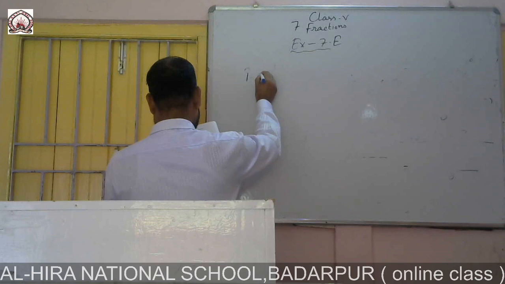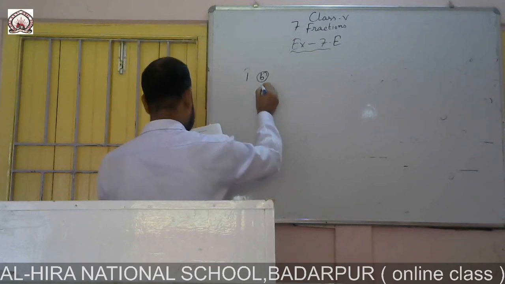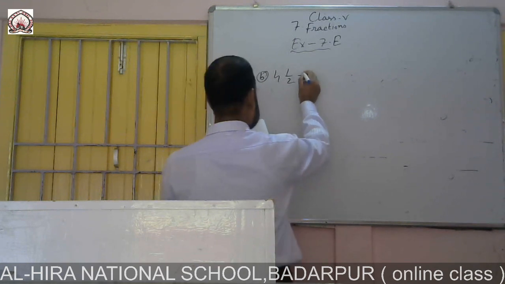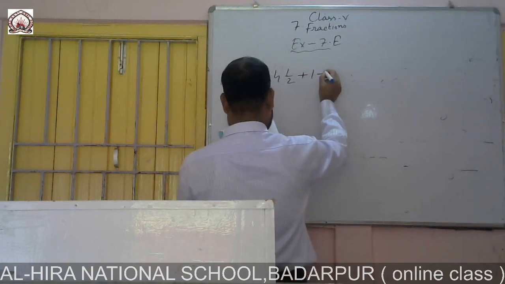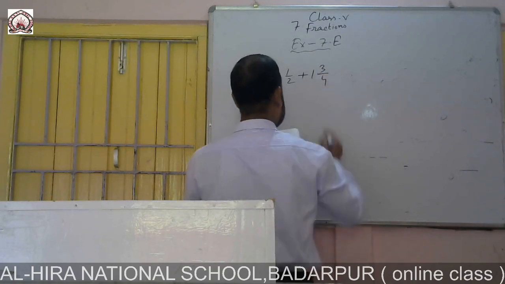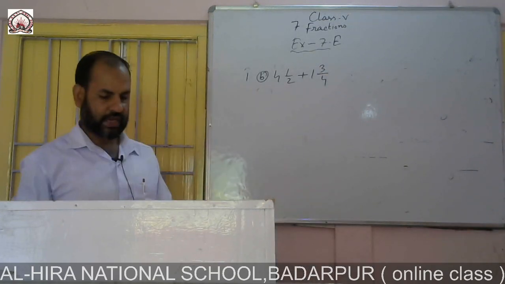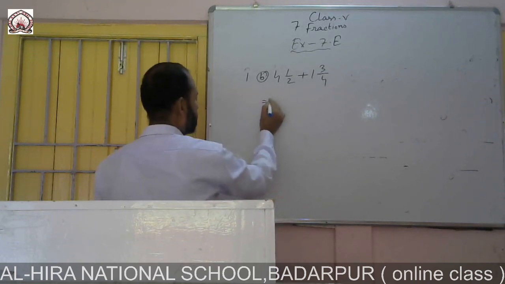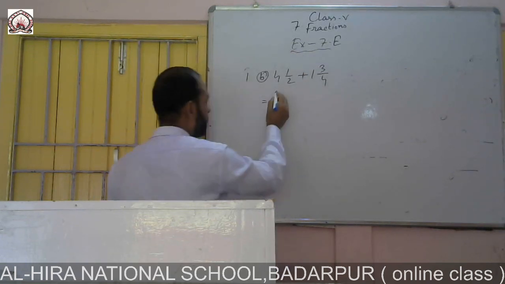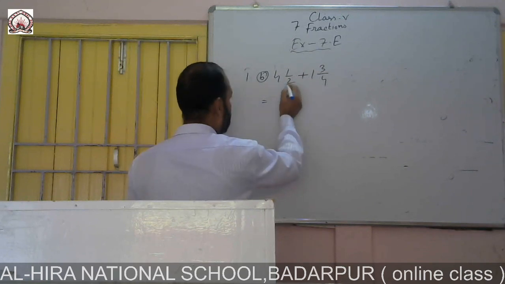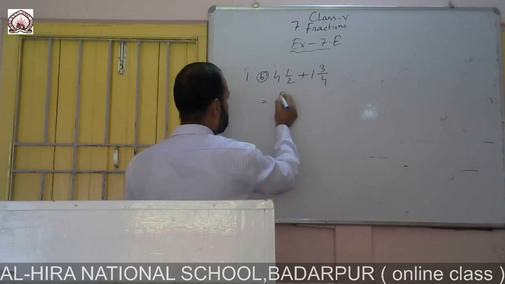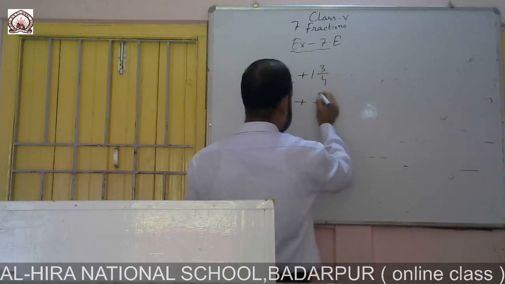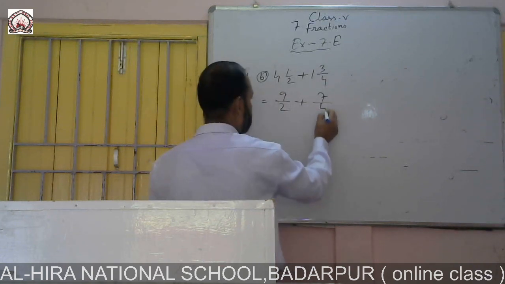Question number 1B. 4 1 by 2 plus 1 3 by 4. 4 1 by 2 plus 1 3 by 4. So both are mixed fractions. First we change into improper fractions. 4 2s are 8 plus 1, 9. 9 by 2 plus 4 1s are 4 plus 3, 7 by 4.